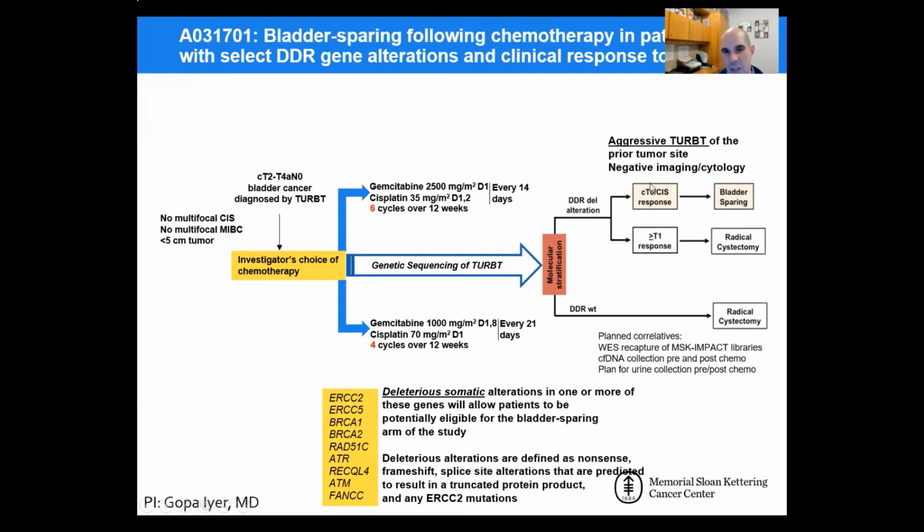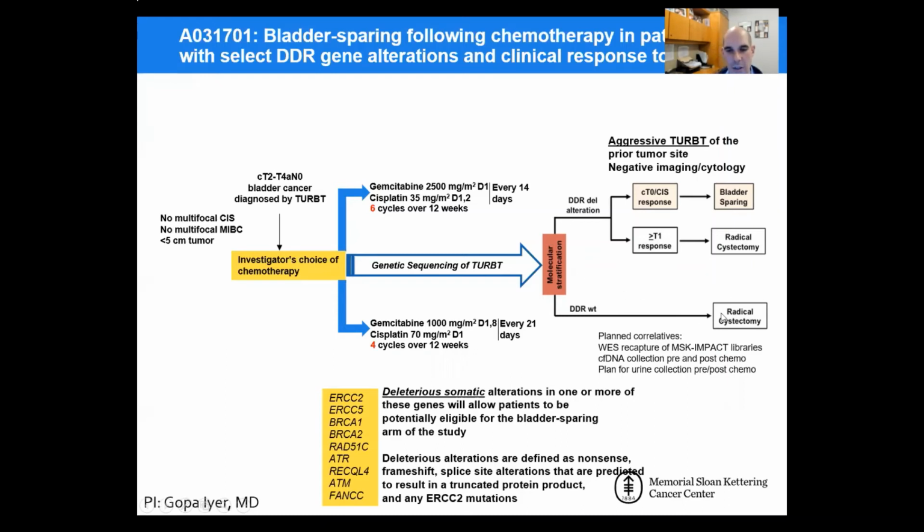And if there is no residual invasive disease present, then those patients are eligible for bladder sparing, basically by surveillance cystoscopy. So avoiding radical cystectomy and potentially avoiding the need for chemoradiation. If there is any residual invasive disease, then they proceed with radical cystectomy. If they have a DNA damage wild type tumor, then they'll proceed with radical cystectomy, or they could opt for chemoradiation.